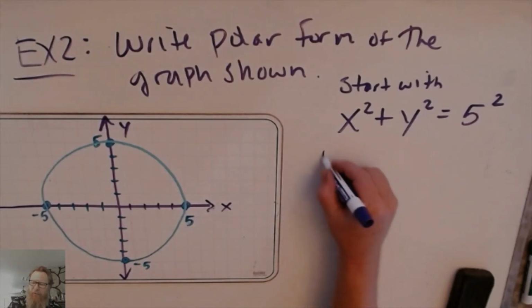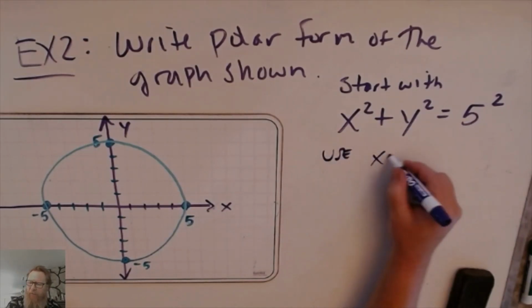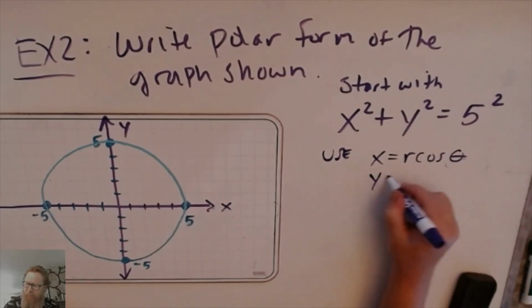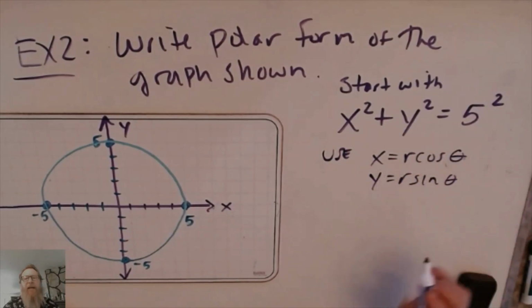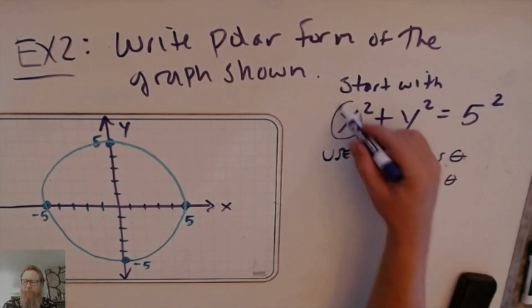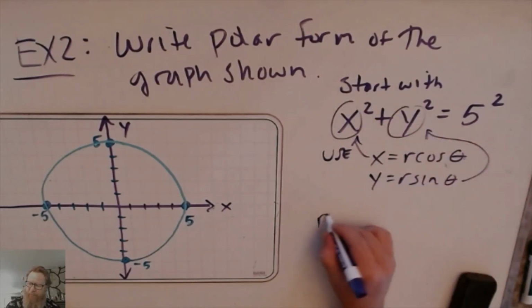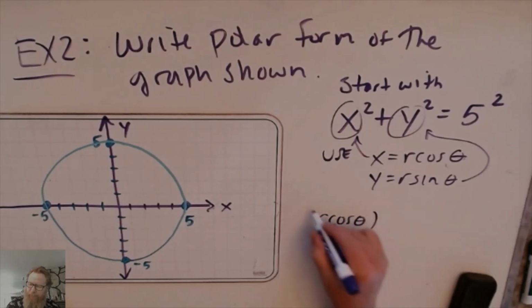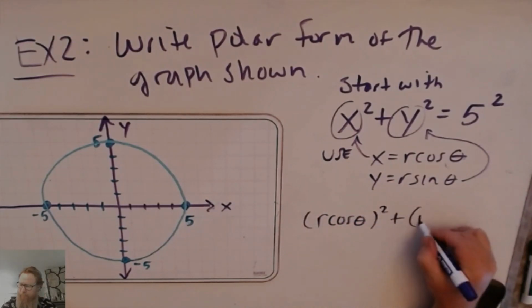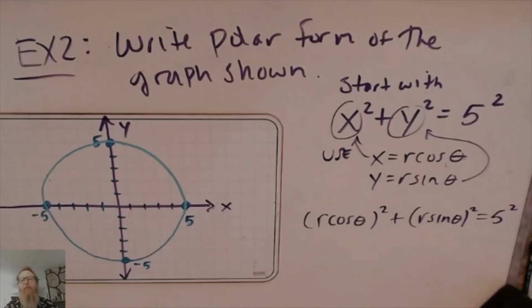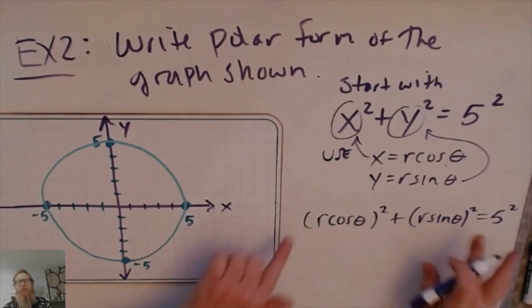And now use the conversion formula. X is r cosine theta. Y is r sine theta. Substitute these guys in, and solve this for r.